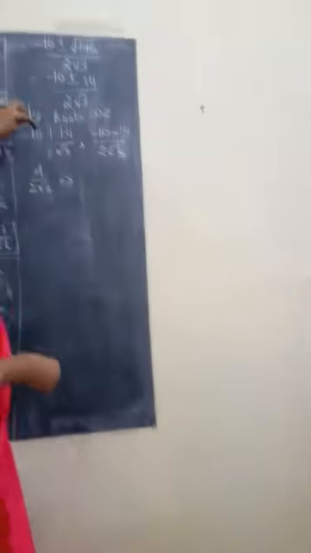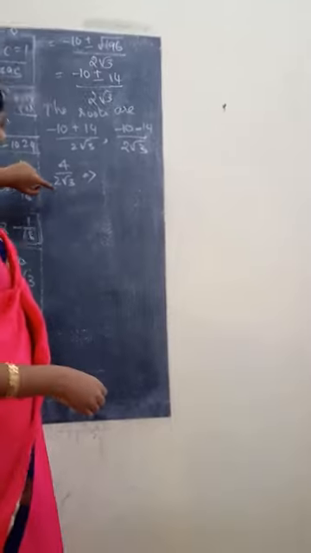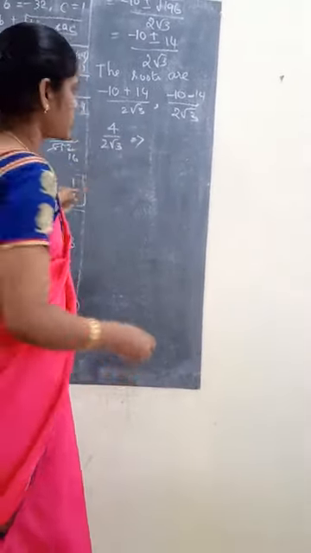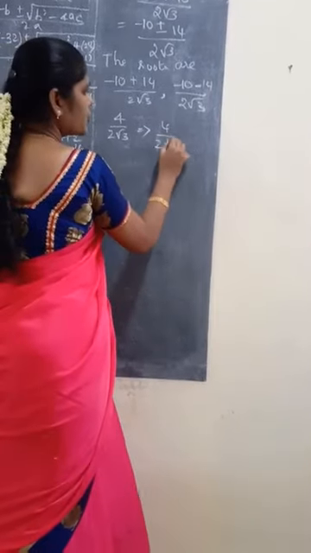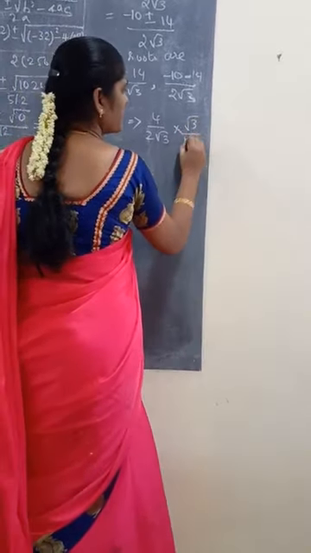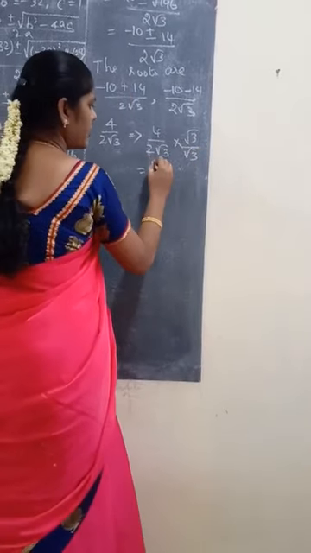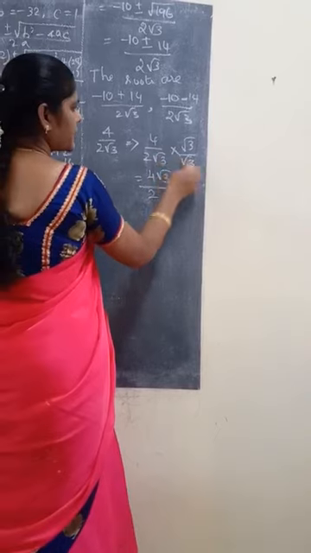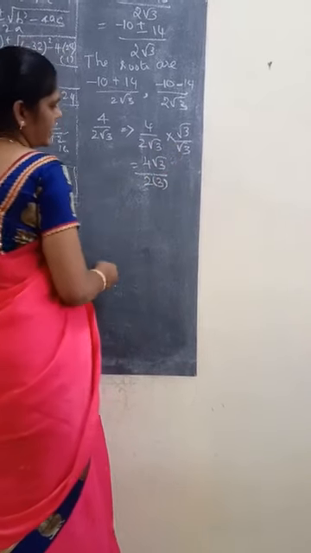Next, minus 10 plus 14, 4 by 2 root 3. Now listen, first, 4 by 2 root 3. We all know the denominator value should not be in the root form, so both numerator and denominator can be multiplied and divided by root 3. So you will be getting 4 root 3 divided by 2 into root 3 into root 3, 3.